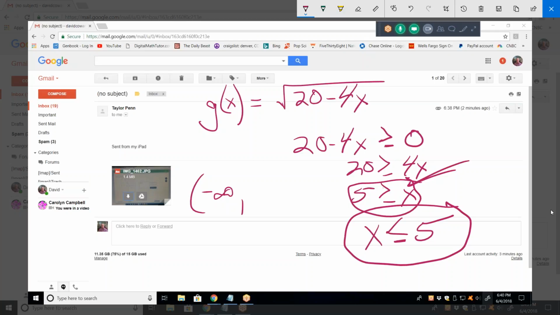So you can always just switch sides. You just turn the direction of the inequality around and put the variable on the left side. So what's the rest of this answer? Negative infinity, comma 5 bracket.